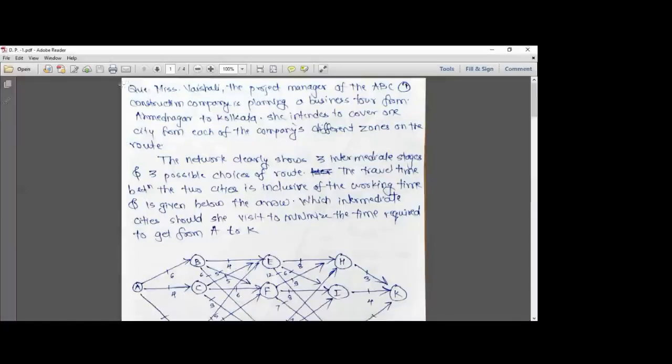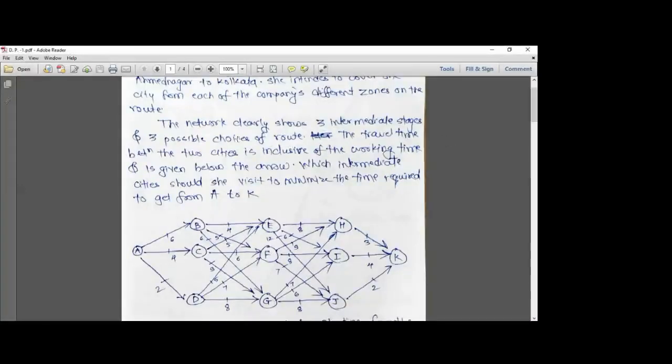There's a numerical. Ms. Vaishali, the project manager of the ABC construction company, is planning a business tour from Ahmednagar to Kolkata. She intends to cover one city from each of the company's different zones on the route. The network clearly shows the three intermediate stages and three possible choices of a route.